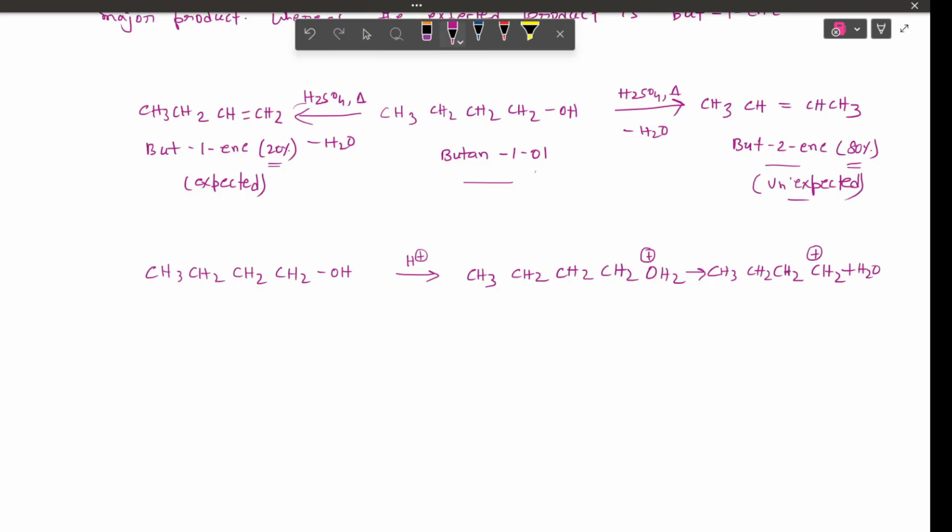Now the main funda is the stability of carbocation. If this carbocation rearranges itself, by a 1,2 hydride shift. So let us say this CH3, CH2, CH2, CH2 plus, and this is your n-butyl carbocation.